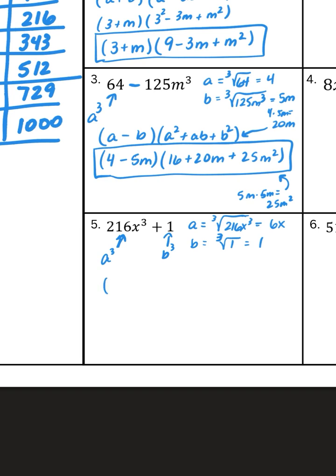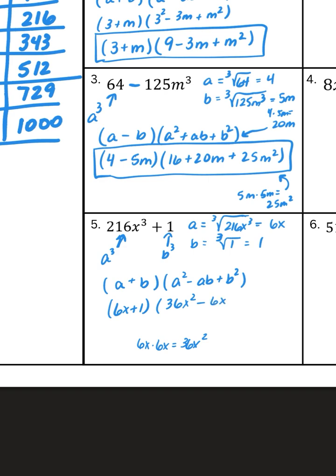I go ahead and map out my formula, which is A and B, A squared, AB, B squared, same, opposite, always positive. So A is 6x plus 1, A squared, so 6x times 6x is 36x squared. So 36x squared minus 6x times 1 is just 6x. And then 1 squared is just 1, and that's my answer.